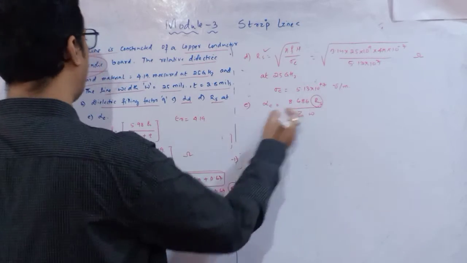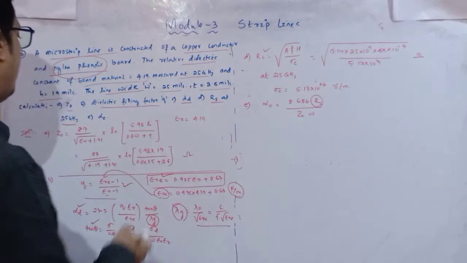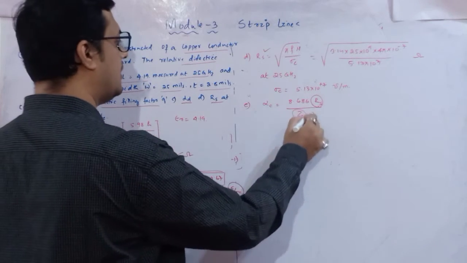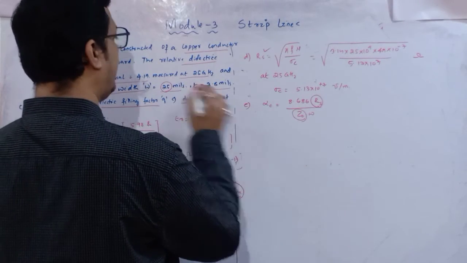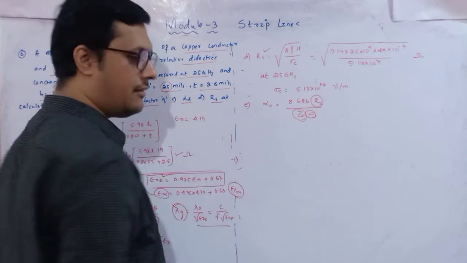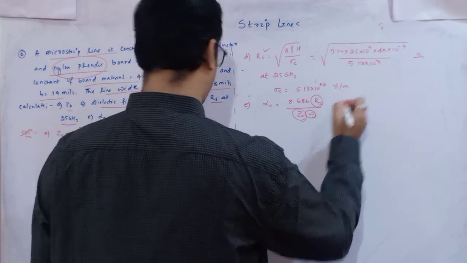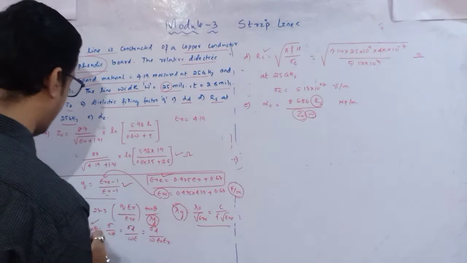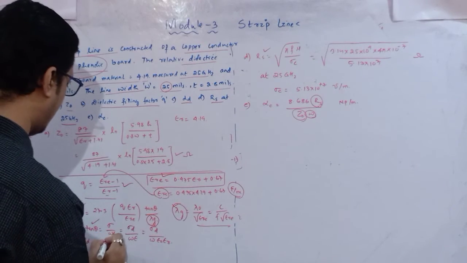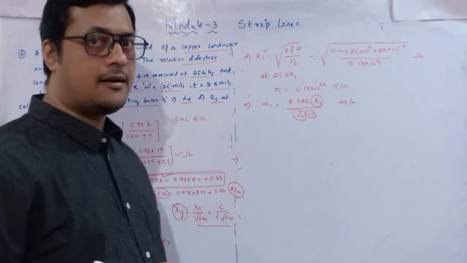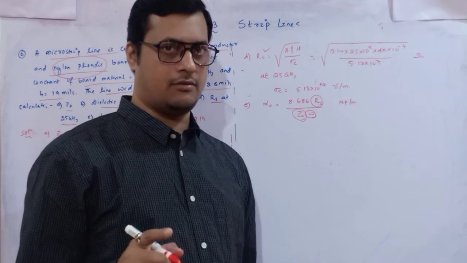Z0 is what we have calculated from the first point, substitute that value. Width is also given, that is 25, substitute 25 here. So you will get all these things in Nepers per meter. Similarly, alpha d you will also get in Nepers per meter. Here in the question it is not asked about the losses due to the attenuation.